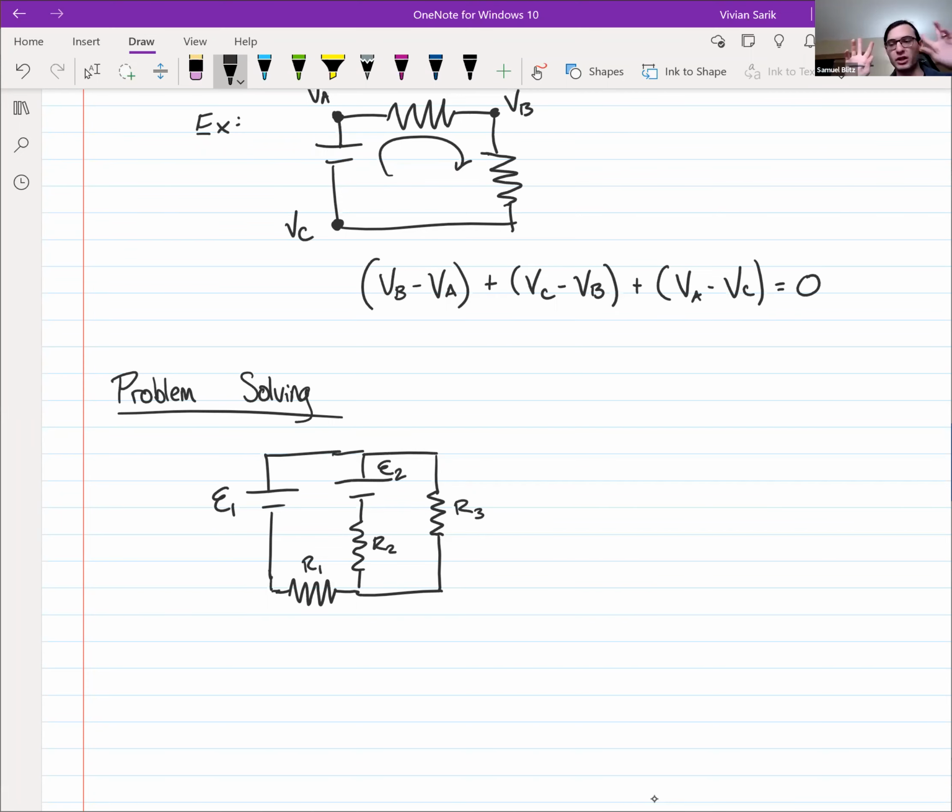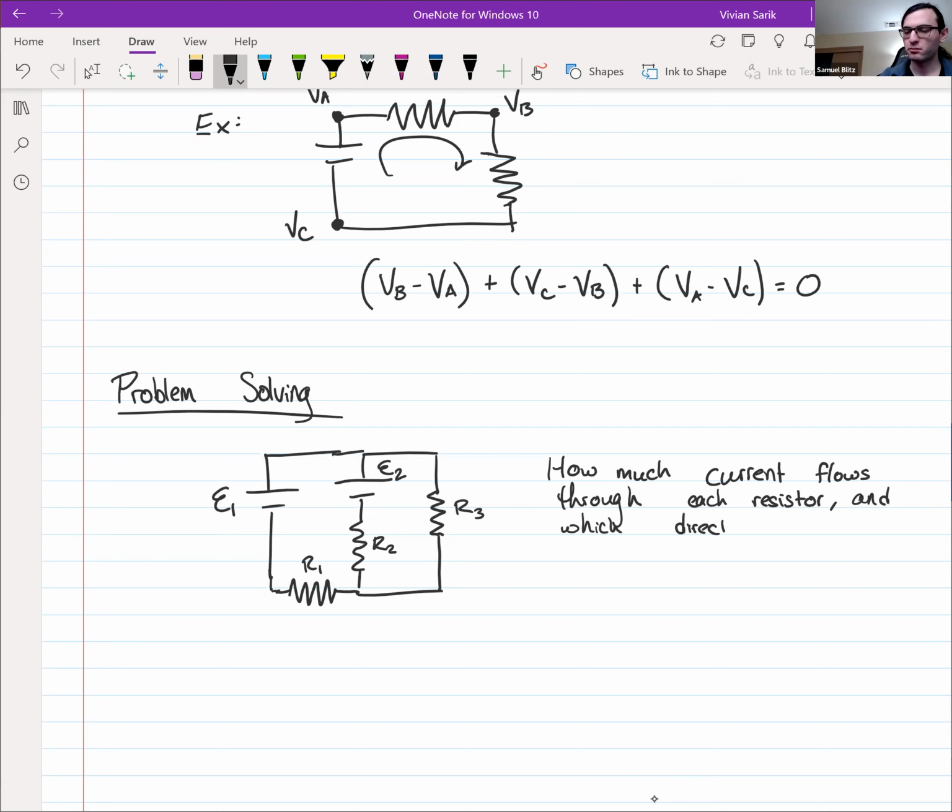Solving this circuit, in air quotes, amounts to answering the question: how much current flows through each resistor and or each EMF, which is a little bit easier to figure out, and in which direction. That's what we're going to try to do.